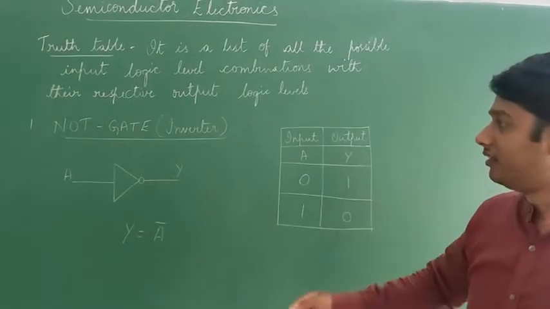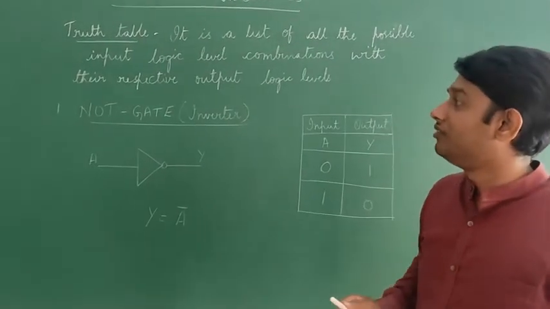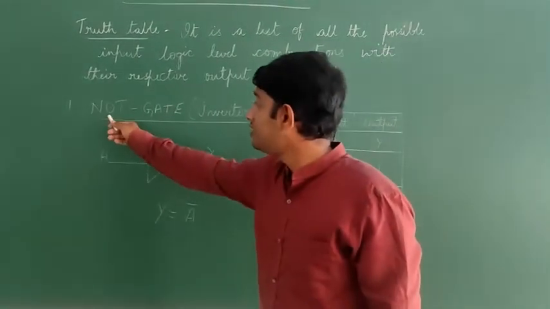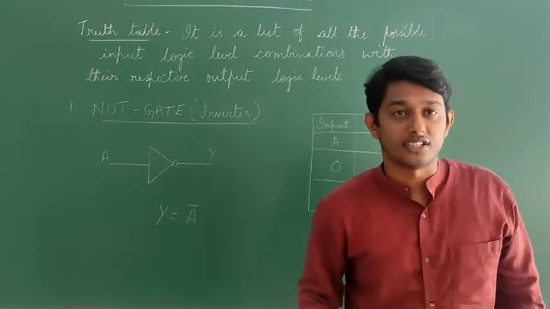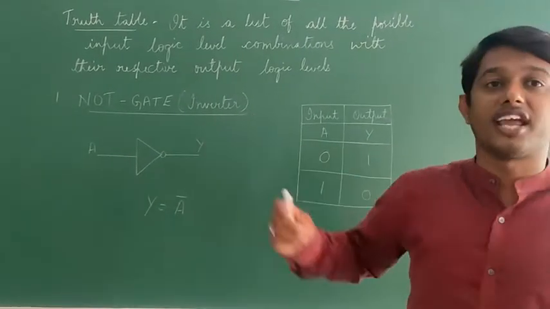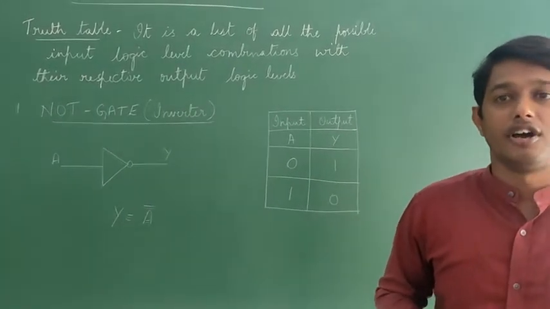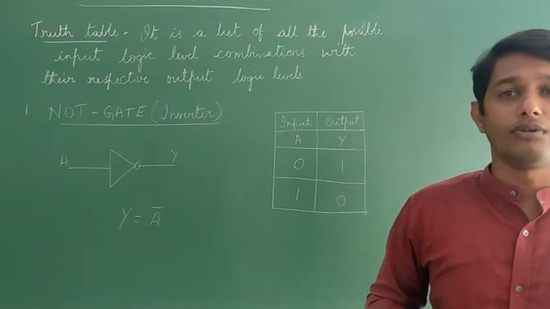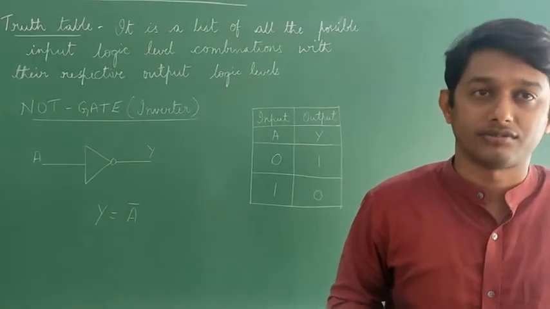So the first one we have is NOT gate. NOT gate is also called an inverter. Why is it called an inverter? It is the logic gate which produces the output 1 if the input is 0, or vice versa.